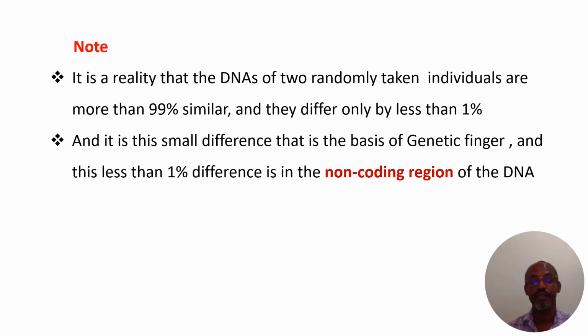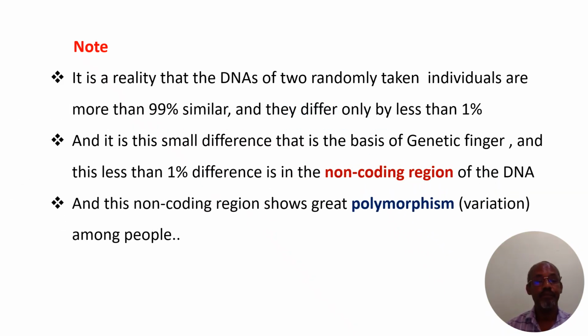But what makes them quite different from the rest is they are repetitive. They are highly polymorphic, that means they are different between individuals X, Y and Z. And that's why they are used as sources of genetic fingerprinting. This non-coding region shows great polymorphism.